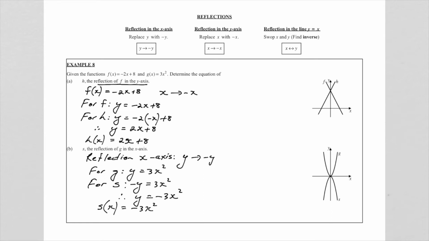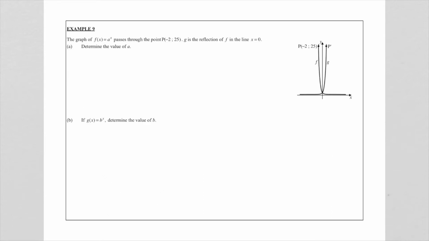Let's look at the next problem. In this question, they say that the graph of f(x) is equal to a to the x. You notice that this is an exponential graph, but a is not given to us. And this graph passes through the point P, which is minus 2 and 25. g is the reflection of f in the line x equal to 0.